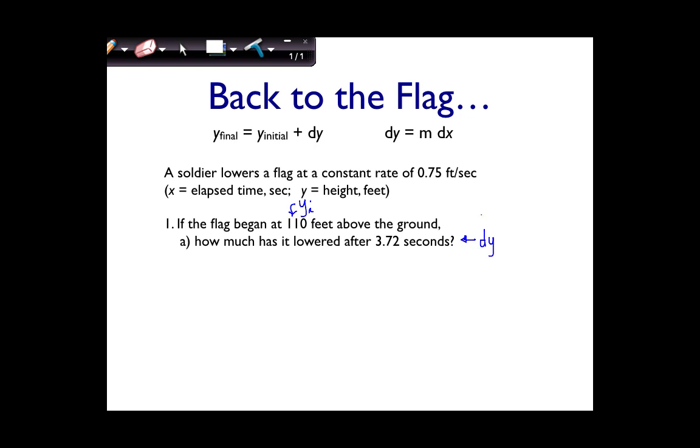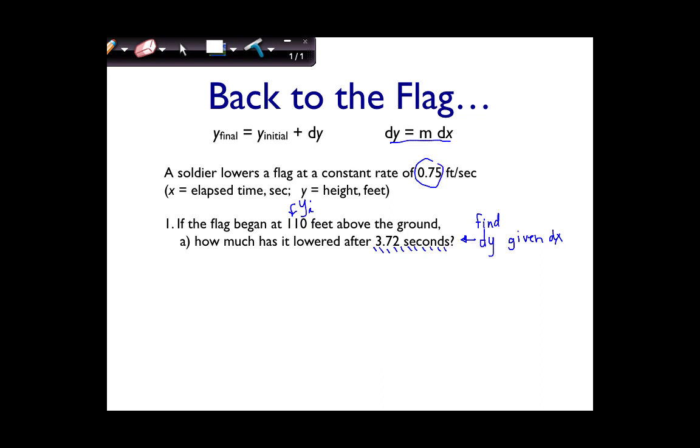We want to find dy. What is this 3.72 seconds a value of? I want to find dy, and I'm given dx. Well, dy and dx are related by this. I need one more ingredient in order to be able to find dy from dx: m.